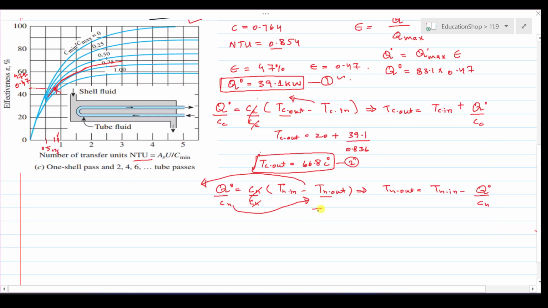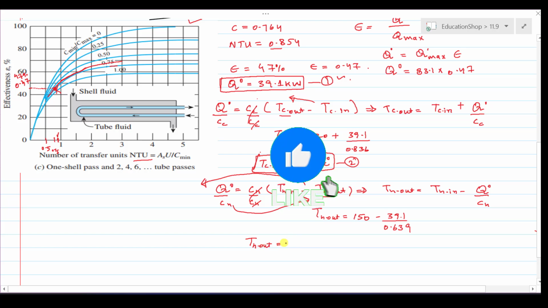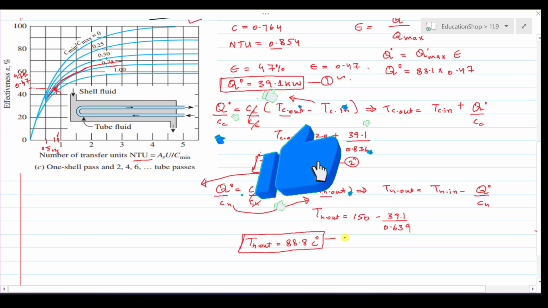So T hot out is equal to the hot fluid temperature in, 150, minus Q dot, that is 39.1, divided by the capacity rate of the hot fluid, that is 0.639. Just solve this on the calculator and it will give you the hot temperature out, that is 88.8 centigrade. And this is the final requirement that is asked in the statement.